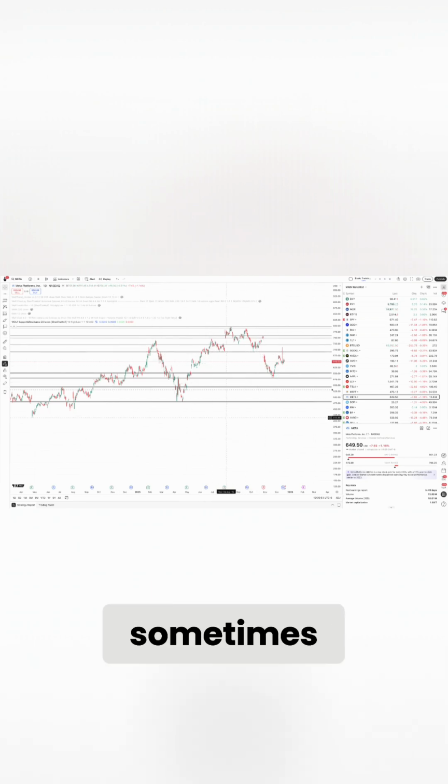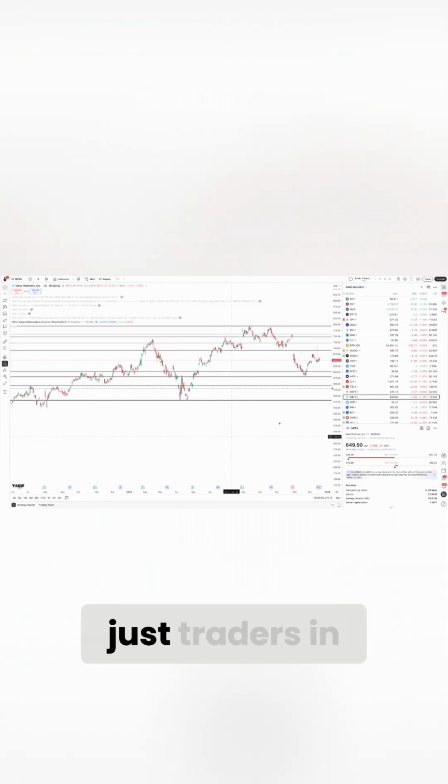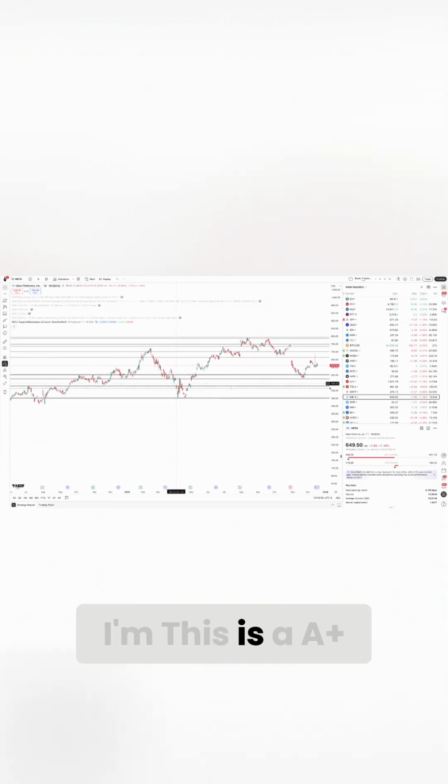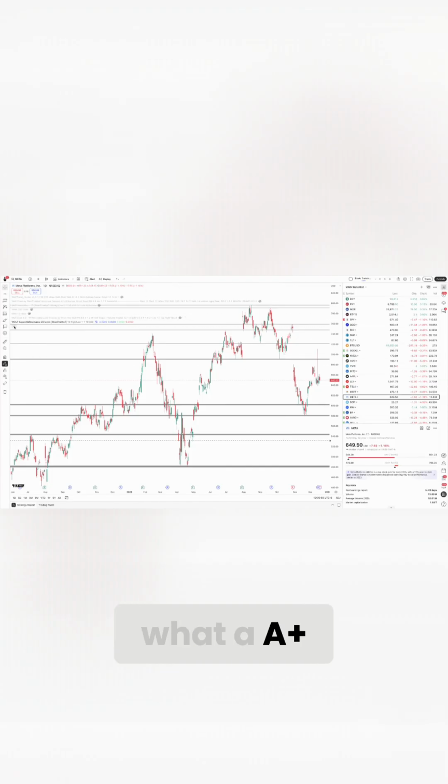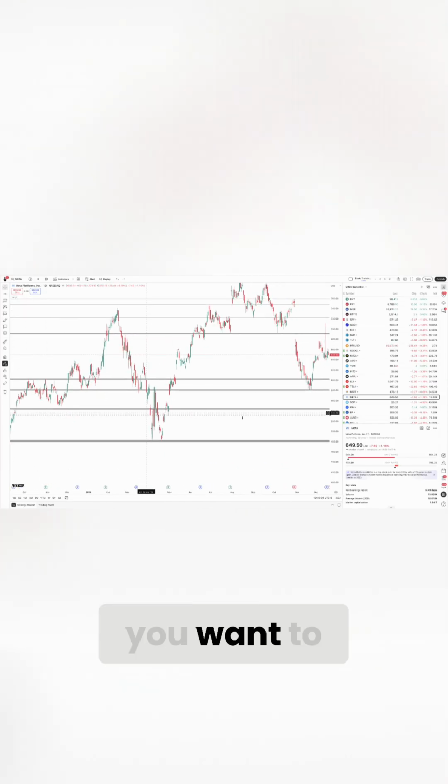Sometimes people on YouTube or traders in general say, "Hey, this is an A plus trade setup." An A plus trade setup is an area on a chart where you have the least amount of resistance or obstacles in the way of the candle just moving up freely or moving down freely.